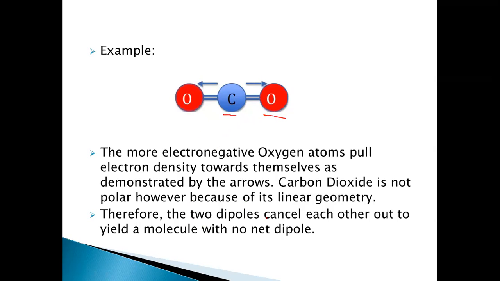But because of the geometry of CO2, we know that it's a linear geometry. The two dipoles are cancelling each other, so there is no net dipole moment. The dipole moment is zero here because of this geometry. So the dipoles are cancelling each other because they are pointing in opposite directions. So there is no net dipole moment here.